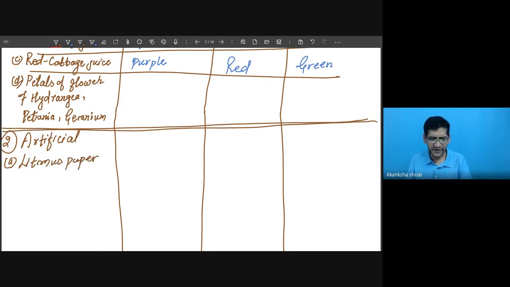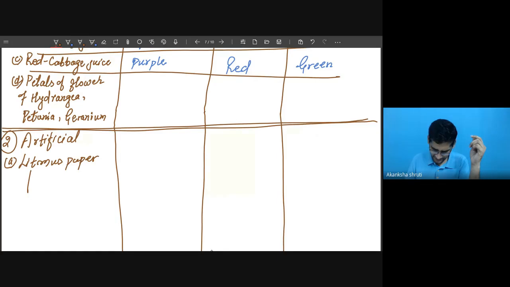This litmus paper is formed by adding external dye in the purple color litmus and putting it over a paper. Okay, and these papers are published in two colors. One is called red, another is called blue.